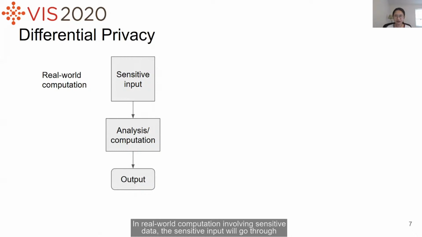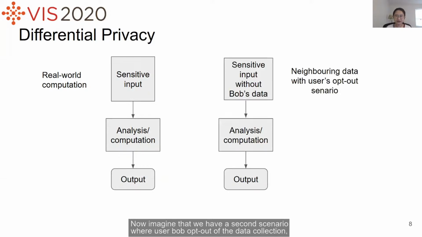In real-world computation involving sensitive data, the sensitive input will go through some process, producing an output. Now imagine that we have a second scenario where the user Bob opts out of the data collection, meaning that the input is exactly the same as the previous, except that the user Bob's data is removed. It then goes through the same process of computation, producing a second output.